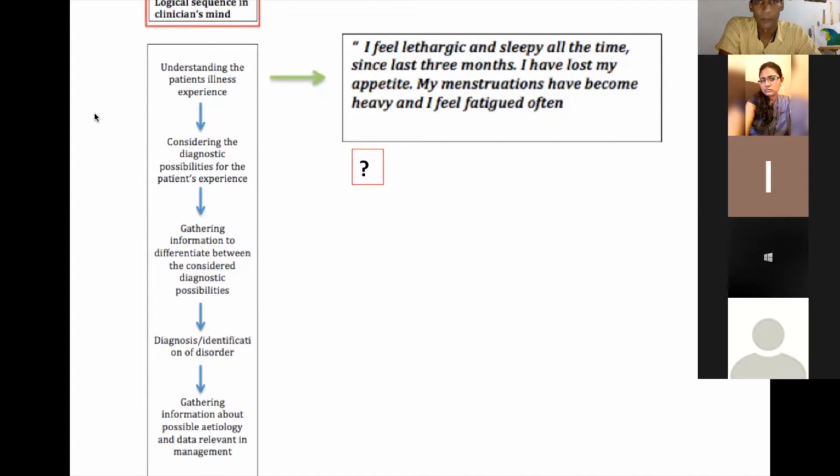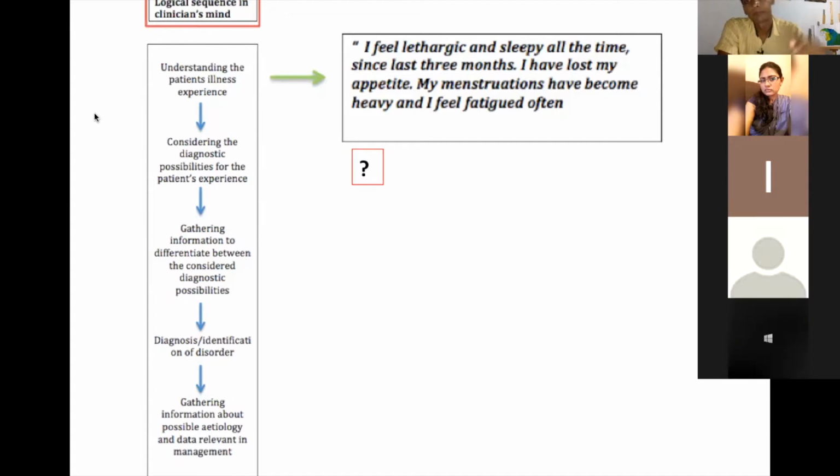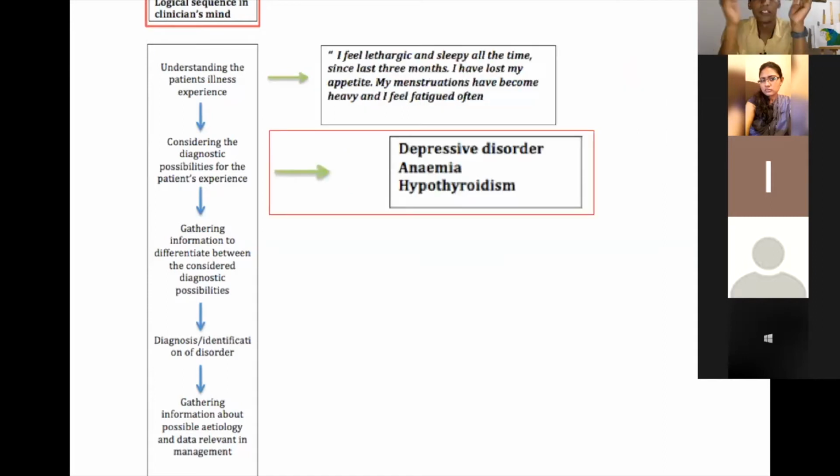So maybe due to hypothyroidism. All right. Anything else? Anemia. Okay. So this is what I would think of for this kind of a clinical presentation. If you think of any other possibilities, you can let me know.